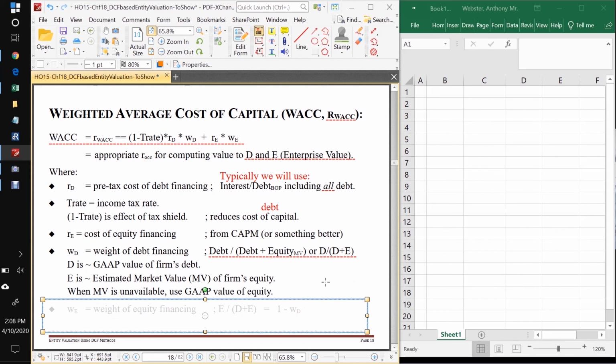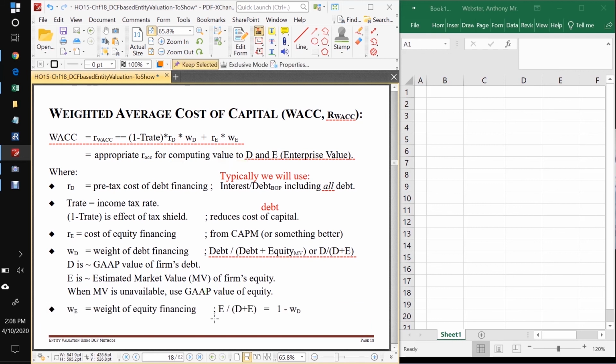And then finally, we've got everything in this equation now. We've got our tax rate. Our 1 minus the tax rate accounts for the tax shield. We know how to get RD. We know WD is the weight of the debt, RE is our cost of equity capital from CAPM or something, and WE is simply the weight of our equity financing.